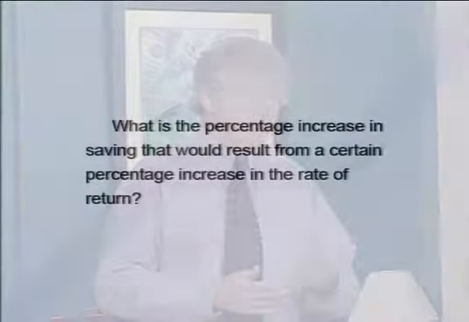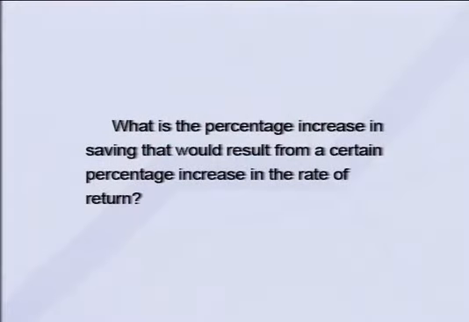An awful lot of the Social Security reform debate is really an argument about elasticities, to which there isn't a real clear answer. Sometimes laws are proposed to increase the quantity of saving by offering tax breaks for saving, like through IRA accounts, individual retirement accounts. Will accounts like that increase saving? Well, in elasticity terms, the question is, what is the percentage increase in saving that would result from a certain percentage increase in the rate of return?